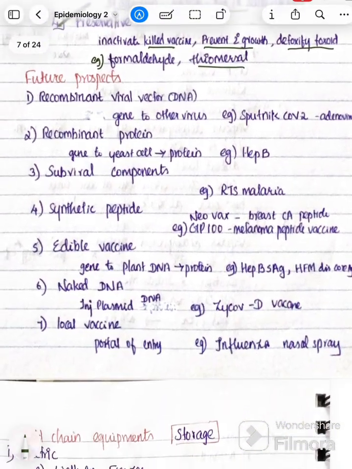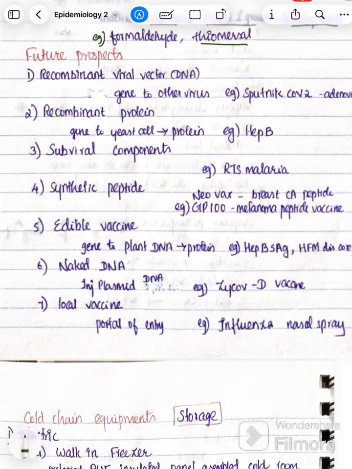Now future prospects. These are the new varieties of vaccines we have. Recombinant viral vector vaccine. Suppose this is a virus agent going to produce a certain disease. From here we are going to take out the gene and inoculate the gene into another virus, and we'll be giving this virus as a vaccine.